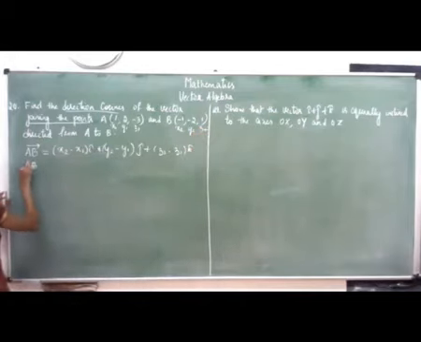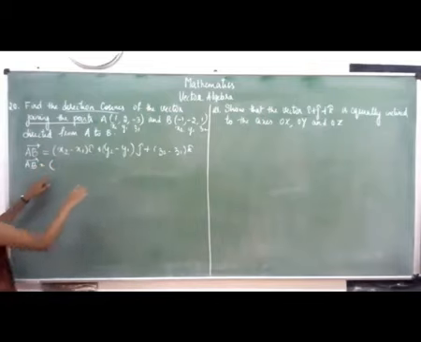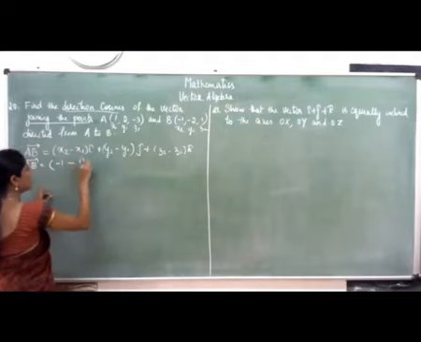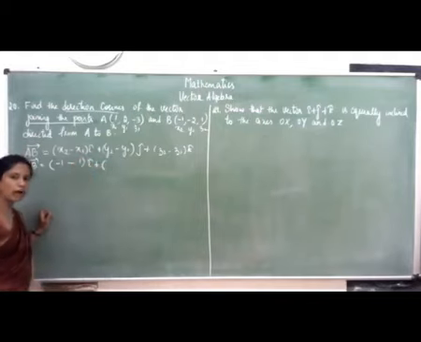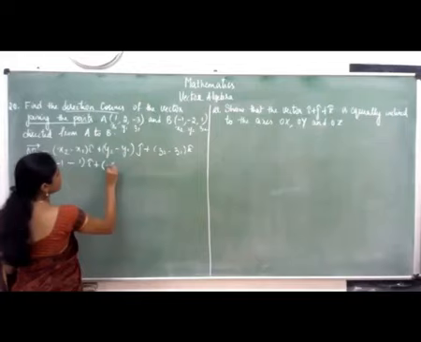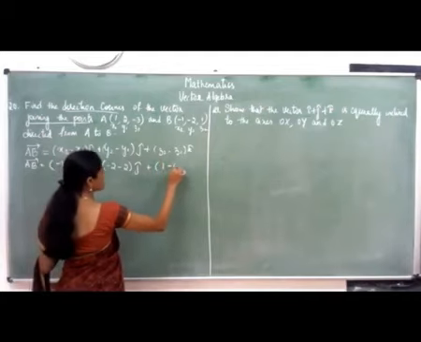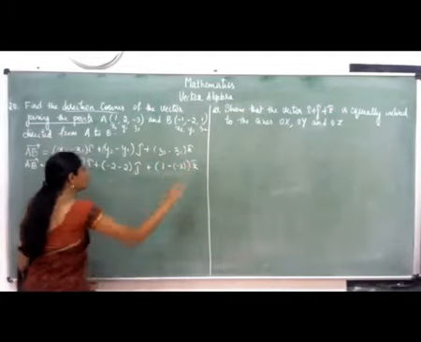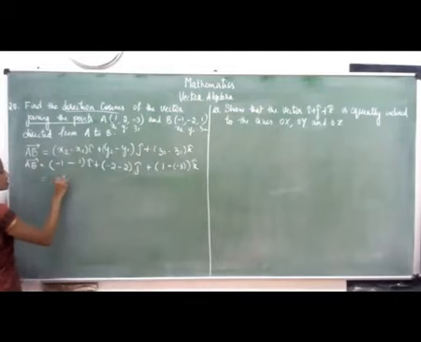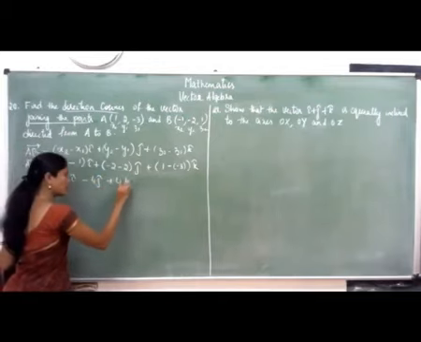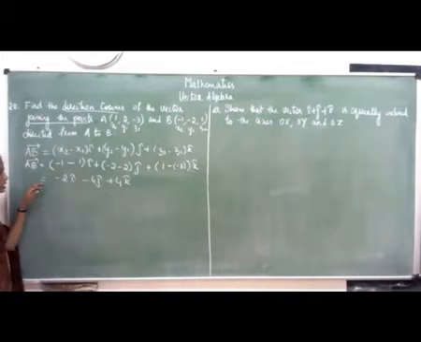So vector AB is given by x2 minus x1. So x2 is minus 1 minus x1, it is 1, into i cap plus y2 minus y1. So y2 is minus 2 into j cap plus z2 minus z1, it is 1 minus of minus 3 into k cap. So simplifying this, we'll get it as minus 2i cap, then minus 4j cap, then plus 4k cap. So we got the vector.